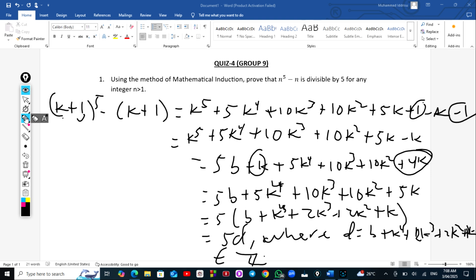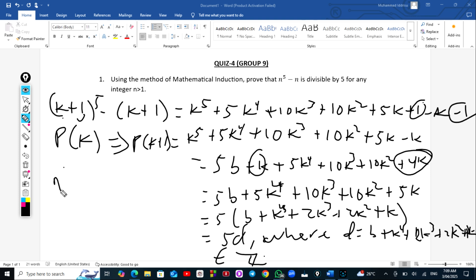So this is telling us that p of k implies p of k plus 1, and since p of k implies p of k plus 1, it is telling us that the proposition is also true. So we can conclude that n to the power 5 minus n is divisible by 5.